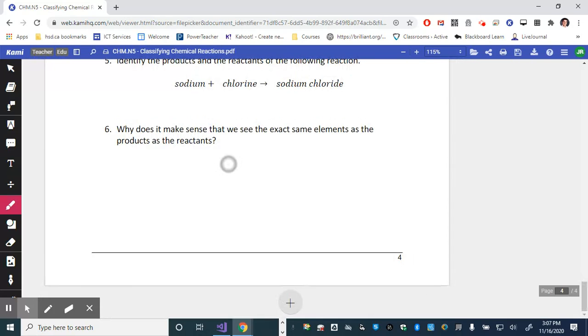Why does it make sense that we would see the exact same elements as the products as the reactants? Okay, notice here we got sodium and chlorine, and here we got sodium and chlorine after the reaction. Why does it make sense? Because elements can't be created or destroyed.